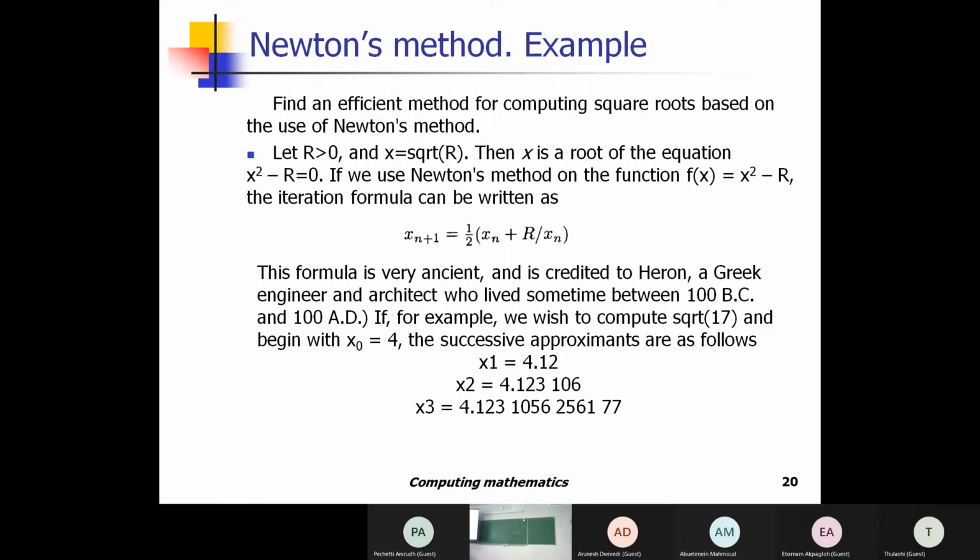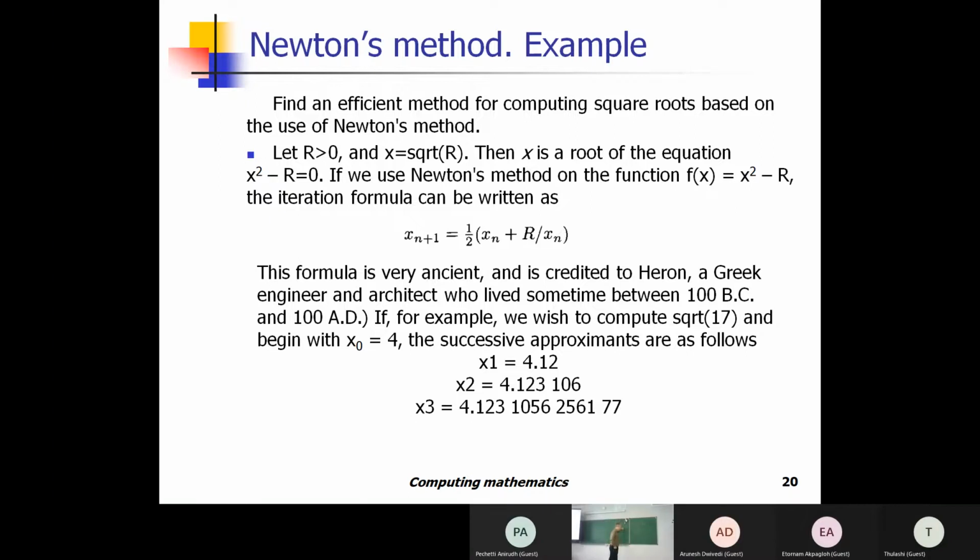How to apply it? We need to know the first point, x0. If we are going to find the root of 3, what can we take as an approximation to this root? Do you know this value, the square root of 3?